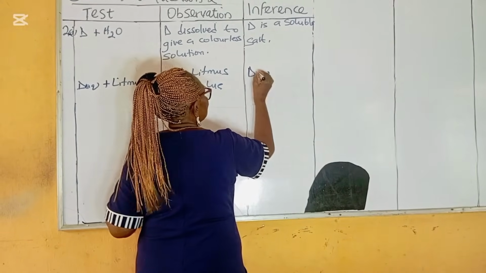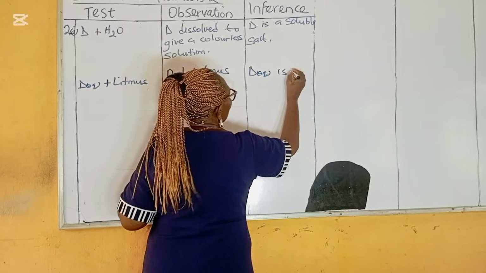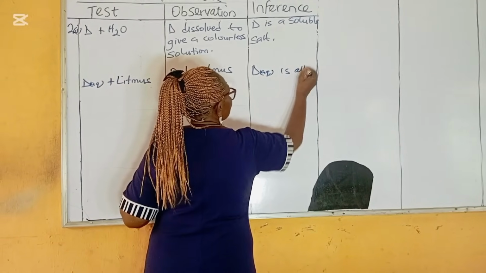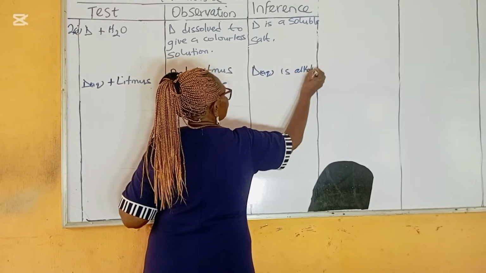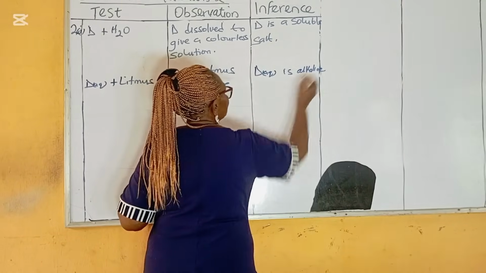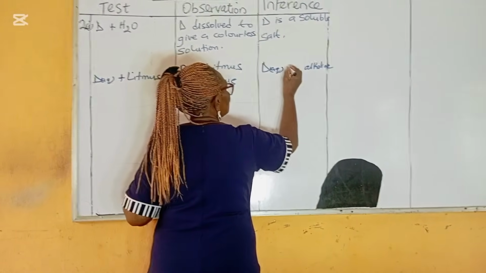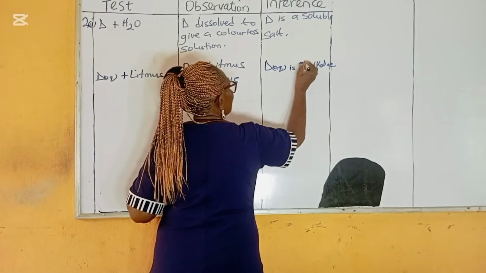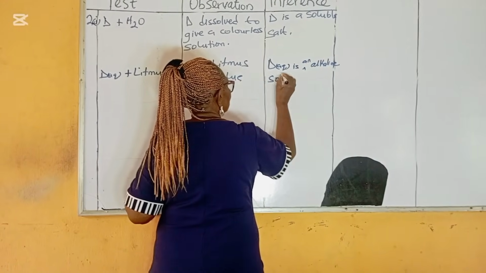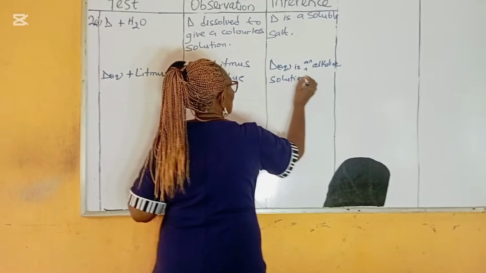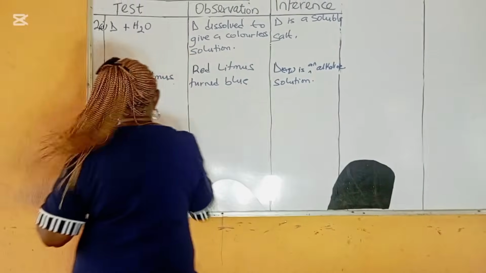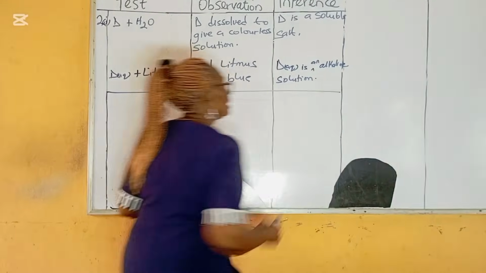Solution D is alkaline. Is an alkaline solution. Anyhow, you underline.